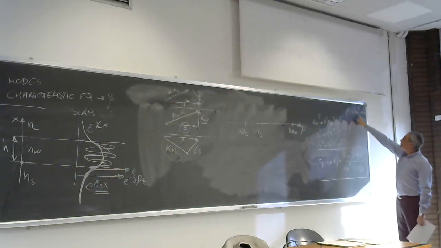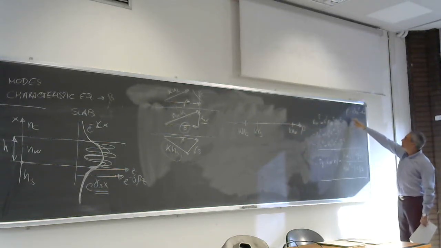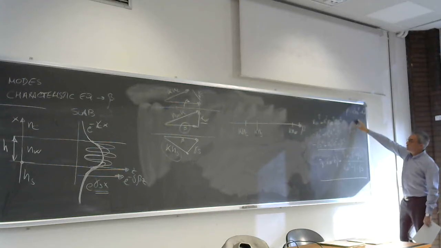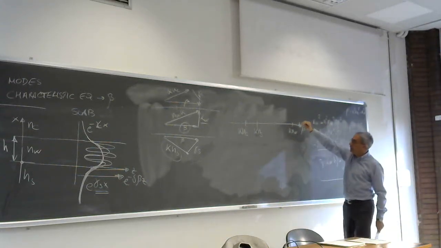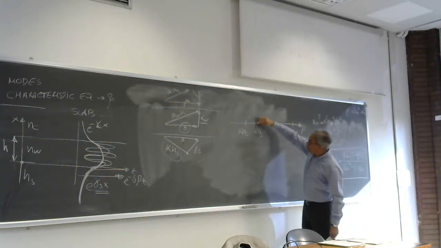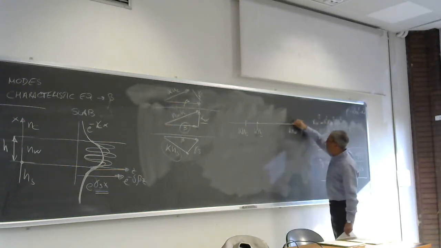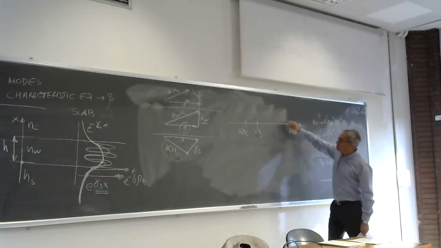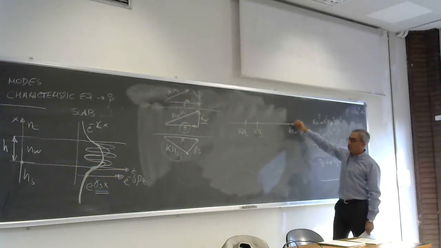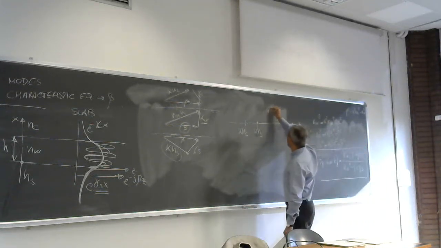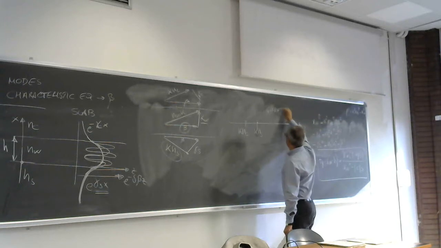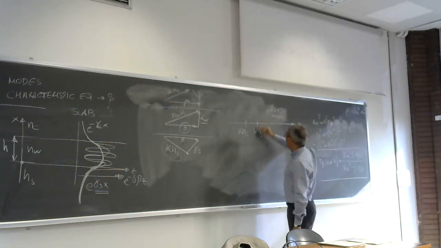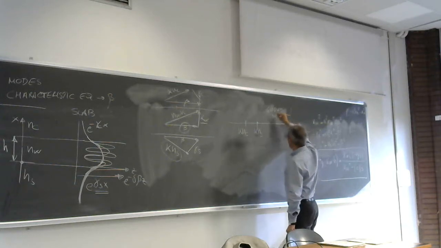Look at this part. So beta can range from this point to this point. So here we have the solution, the guided solution. So these are the guided modes when beta is included in this range.